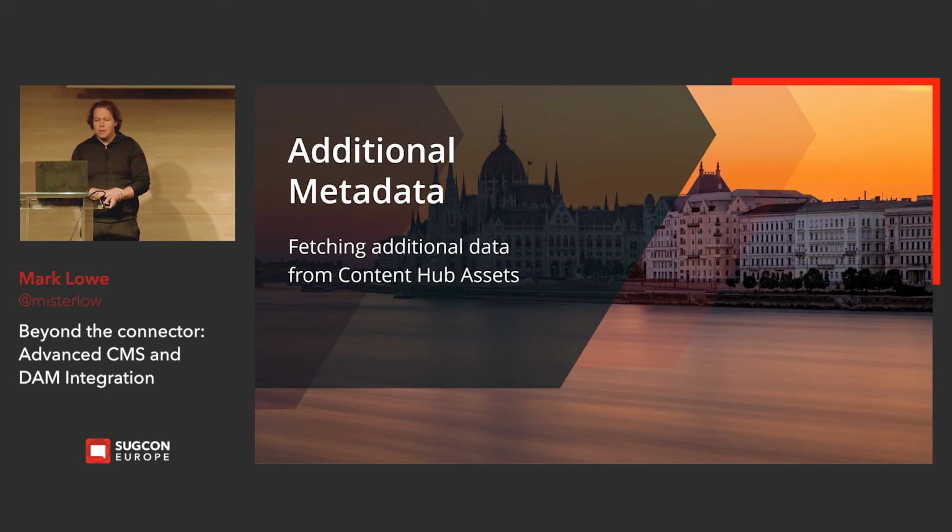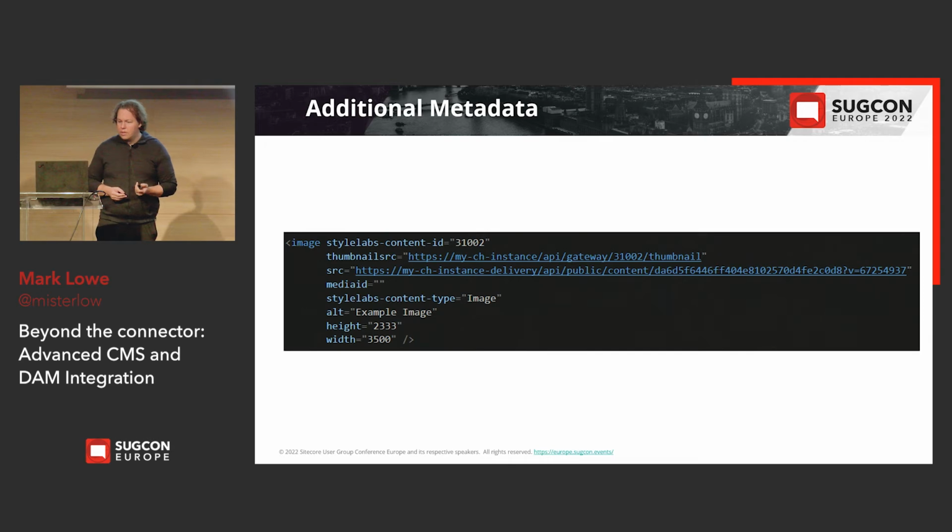Okay. So now we are fetching this information. We could keep track of where our assets are referenced. What if we need additional metadata? For instance, just to recap, we have this XML field with just some basic metadata in it.